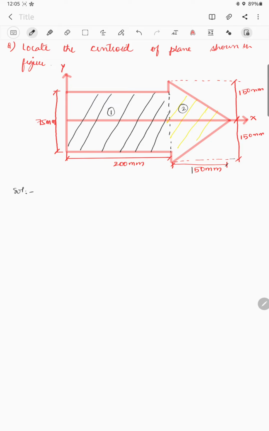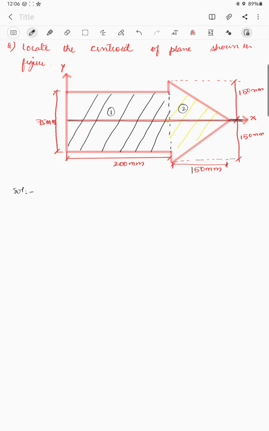Now if you see the figure again carefully, the figure is symmetric about the x-axis. What is the meaning of symmetric about the x-axis? If you cut the figure along the x-axis, it gets divided into two equal parts.